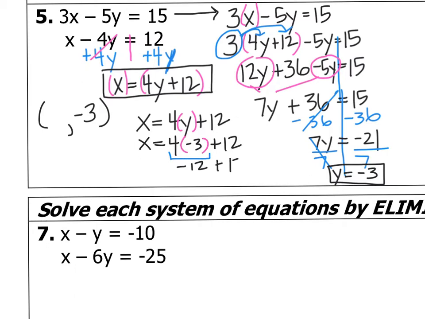Negative 12 plus positive 12 equals 0. So x is equal to 0. There's my partial answer of x, my partial answer of y, and my final answer. Those two lines cross at 0, comma, negative 3.